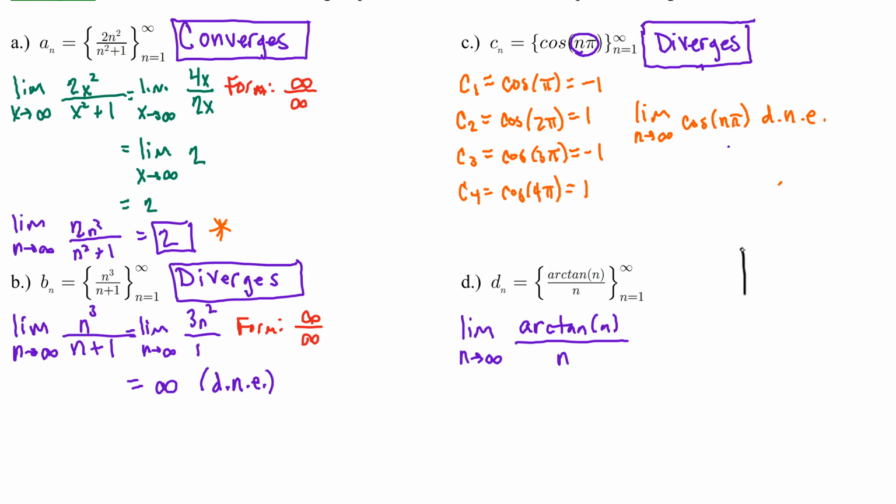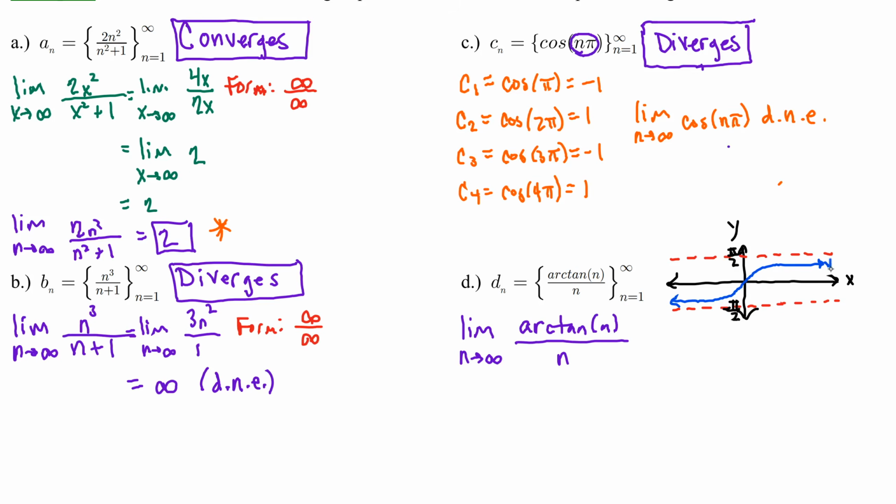Maybe a graph would help to visualize the limit of the numerator. Here we are examining the discrete sequence in terms of the continuous function. We know that the graph of arctangent of x looks something like this, where the asymptote up here is at pi over 2 and down here is negative pi over 2.